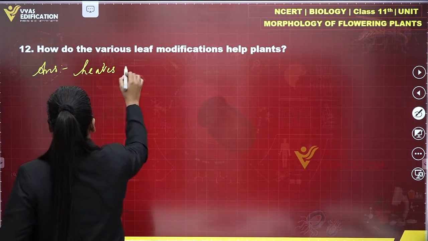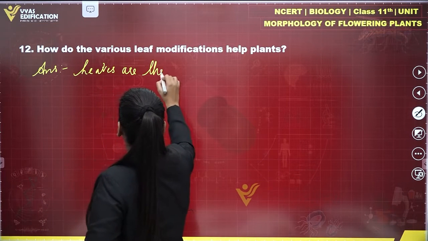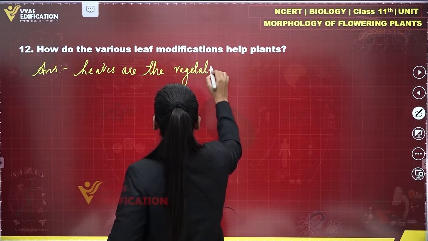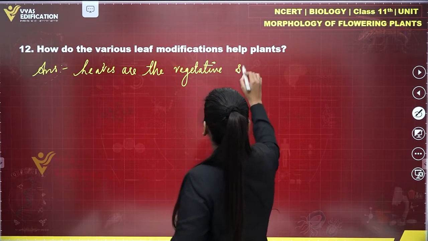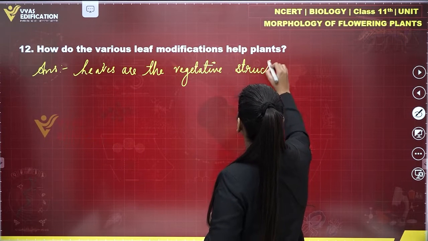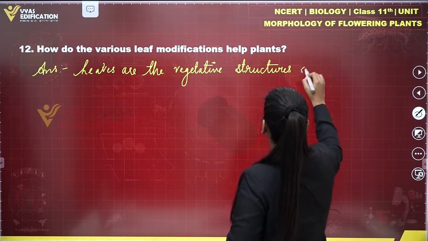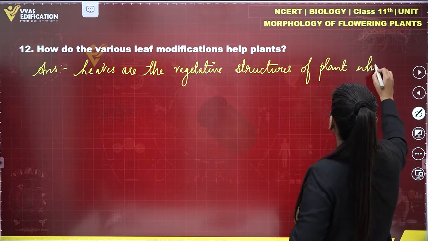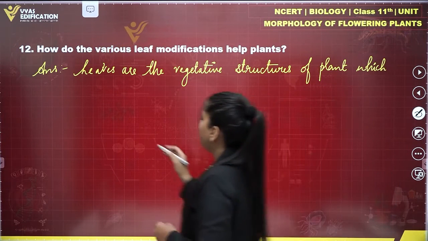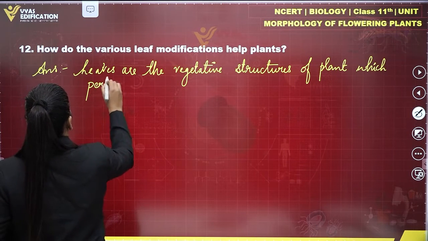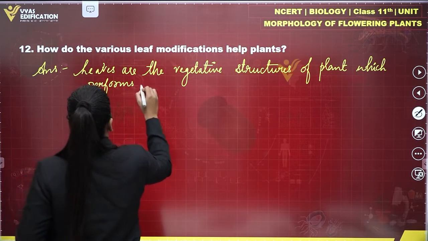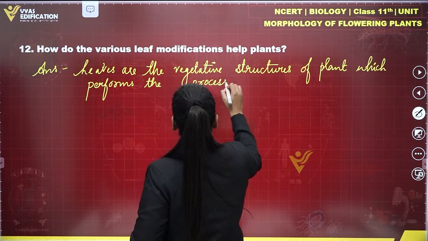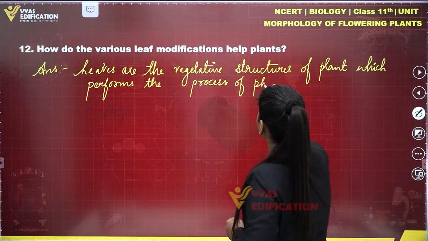Leaves are the vegetative structures of plant which perform the process of photosynthesis.